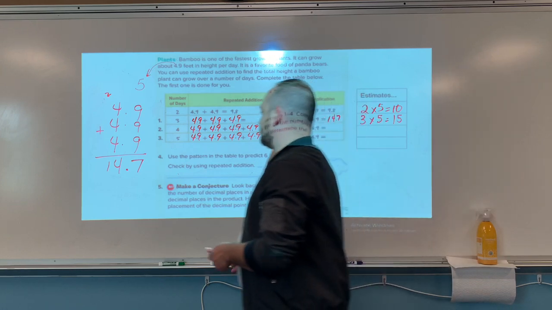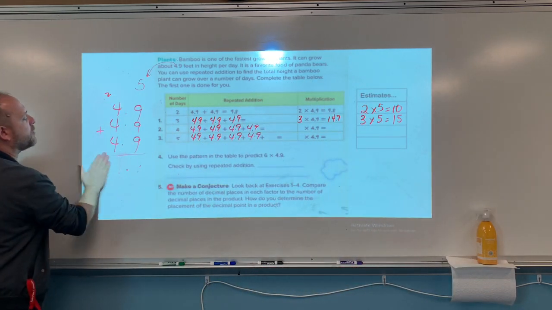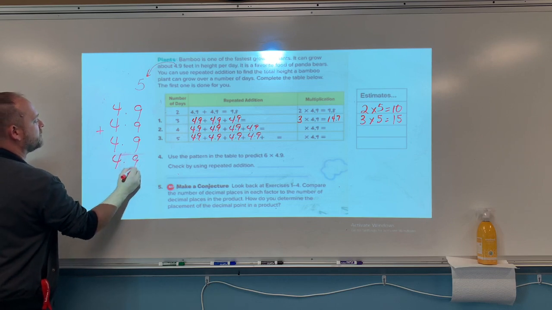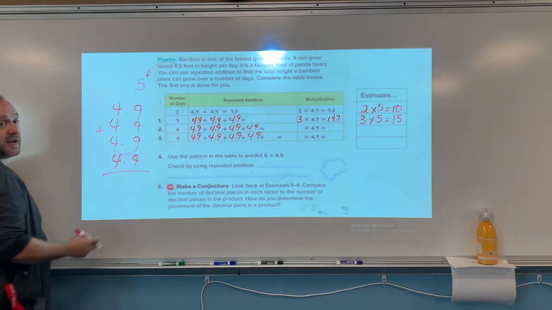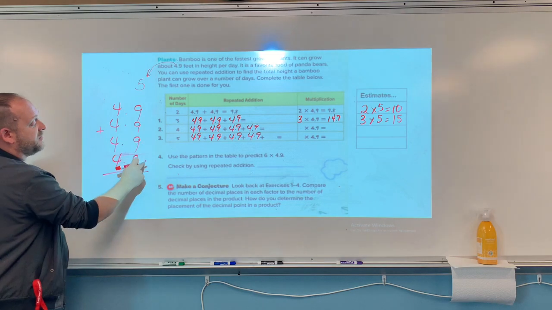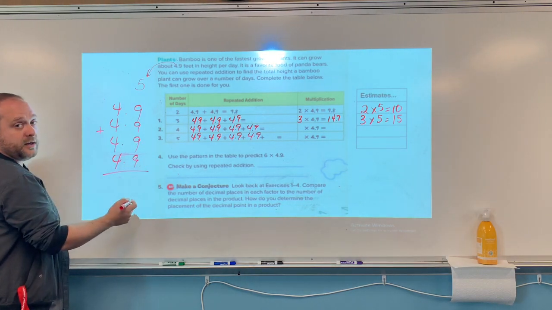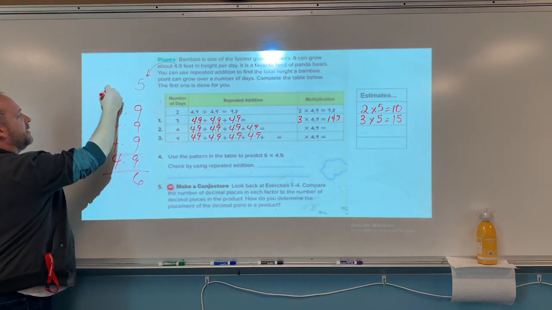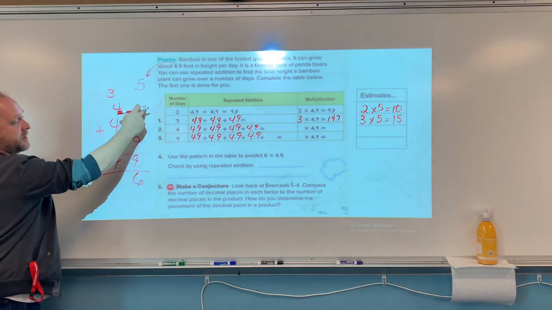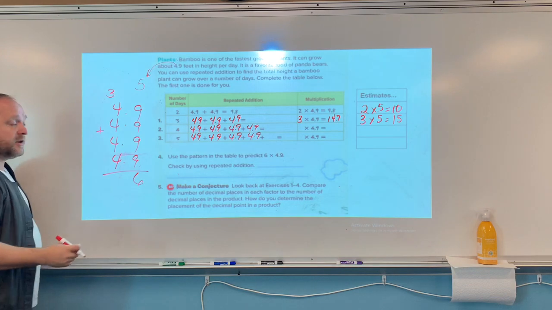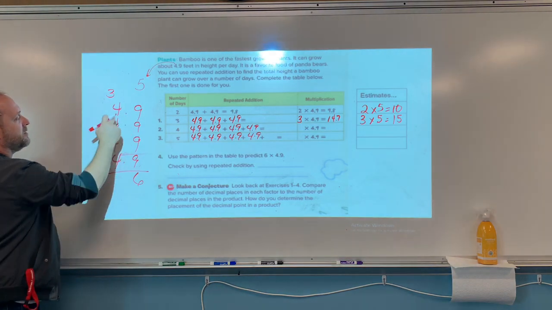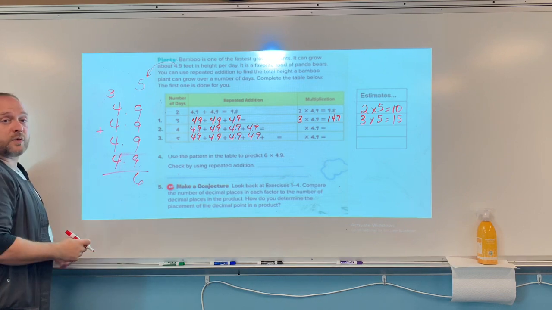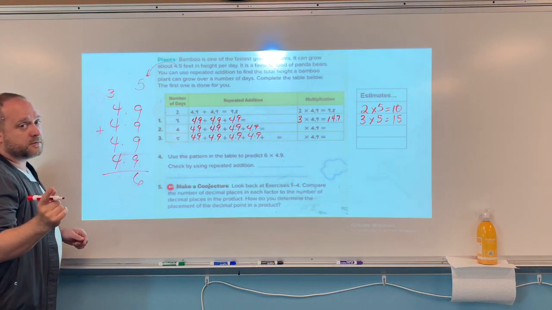Same deal here. I can take my 4.9, take the bottom of that off, and add another 4.9 to it. 9 plus 9 is 18, plus another one is 27, plus another one is, anybody? 36. Again, that's 9 times 4, which is also 36. 4 times 4 is 16.